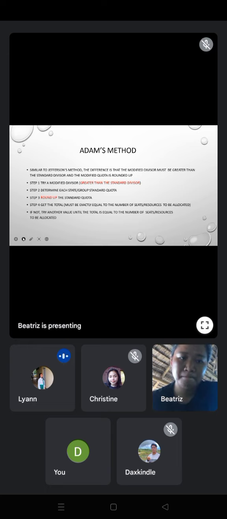Determine each state or group's modified quota. Step 3. Round up the quota. Step 4. The total must be exactly equal to the number of seats or resources to be allocated. If not, try another value until the total is equal to the number of seats or resources to be allocated.